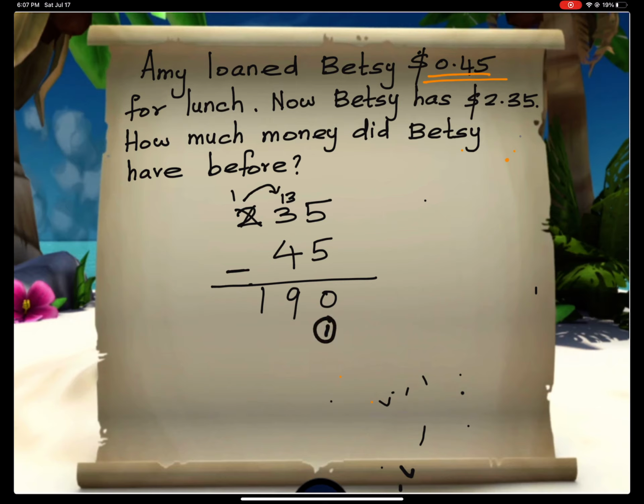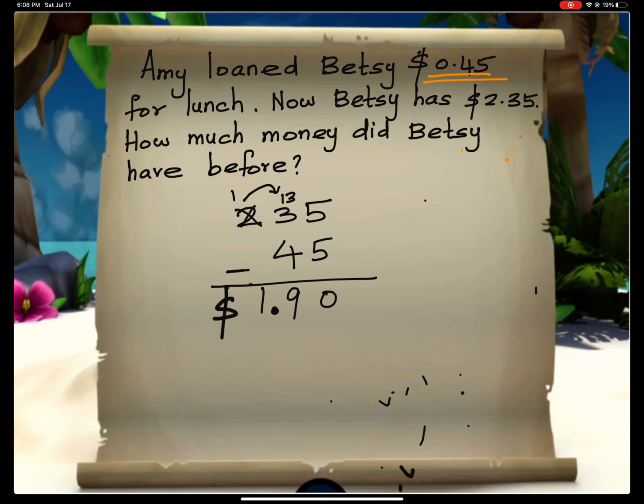This is the first digit and this is the second digit. So we have to move the decimal 2 digits to the left. That means we have to keep the decimal here.